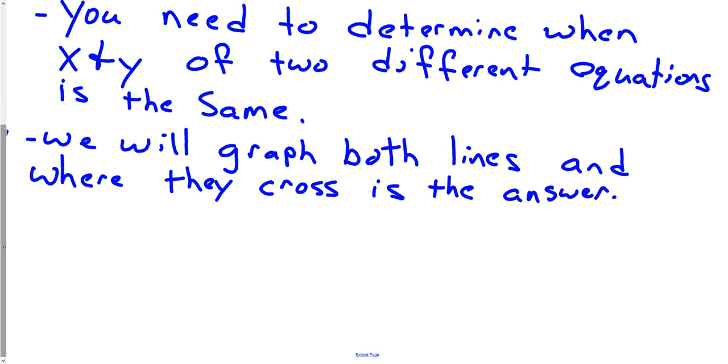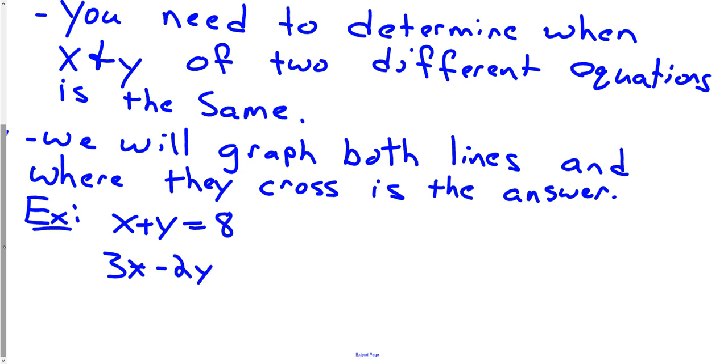Okay, so let's look at an example. Write that down. 3x minus 2y equals 14.